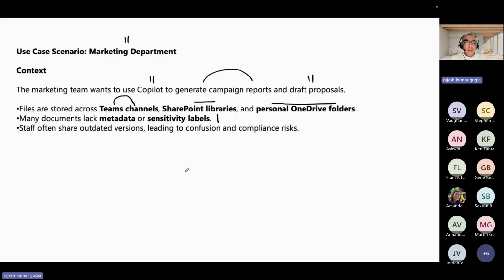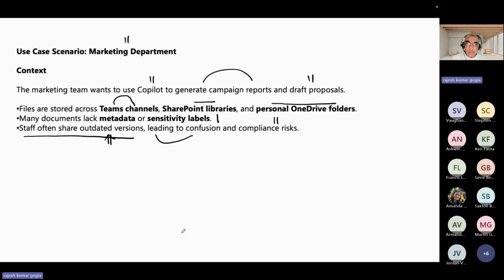And no labeling, lack of metadata, and very often they start sharing the outdated version. See, this is also one of the challenges. People get confused, so that leads to confusion, and definitely it results in compliance risk itself.